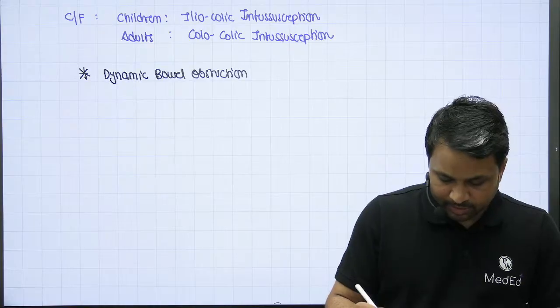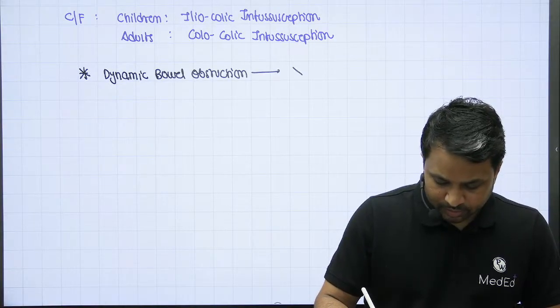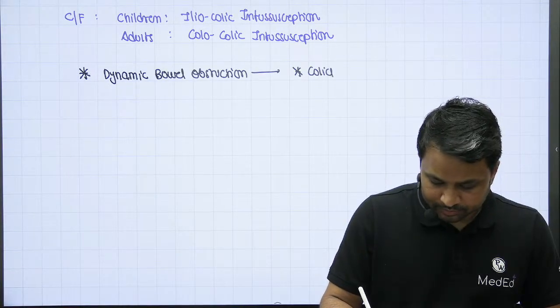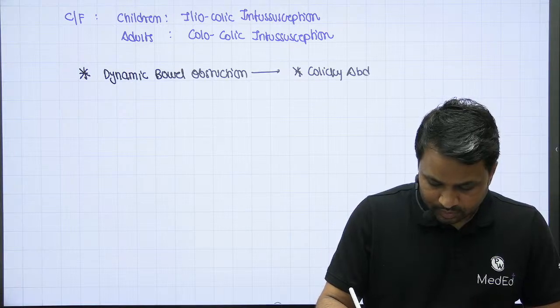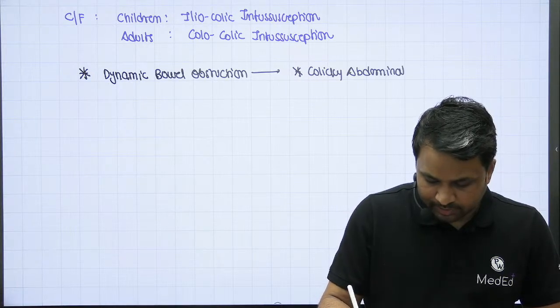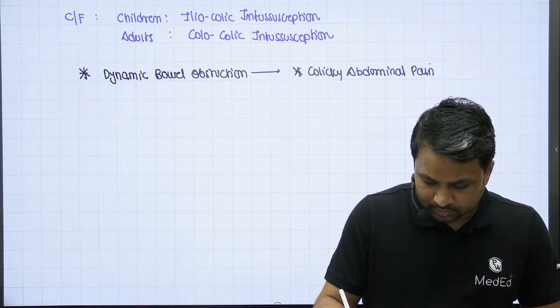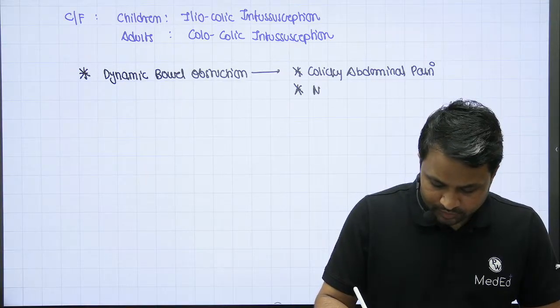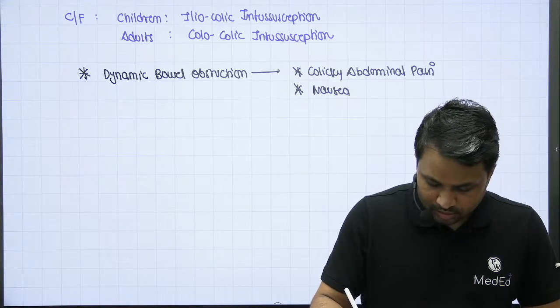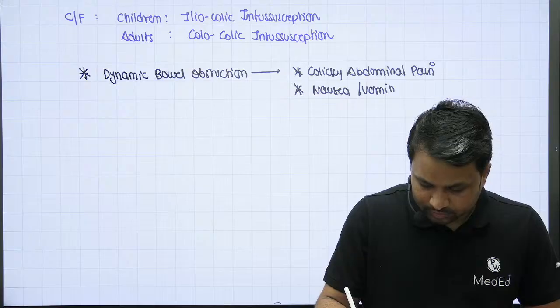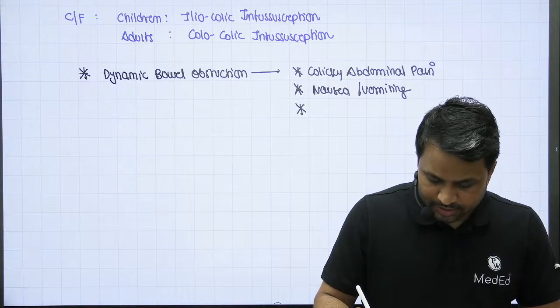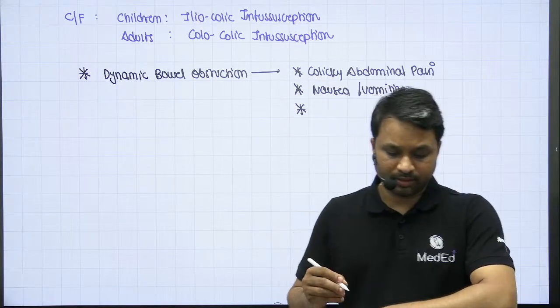In the dynamic bowel obstruction, the patient is going to have, number 1, colicky abdominal pain. It is associated with nausea as well as vomiting.